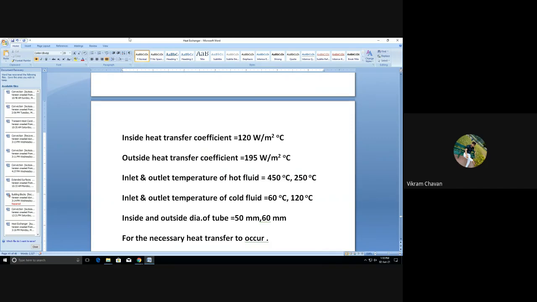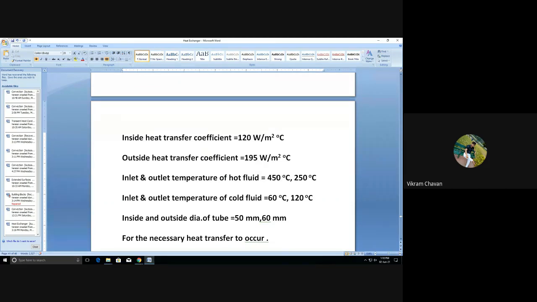Then inlet and outlet temperatures of hot fluid are equal to 450 degrees Celsius and 250 degrees Celsius.